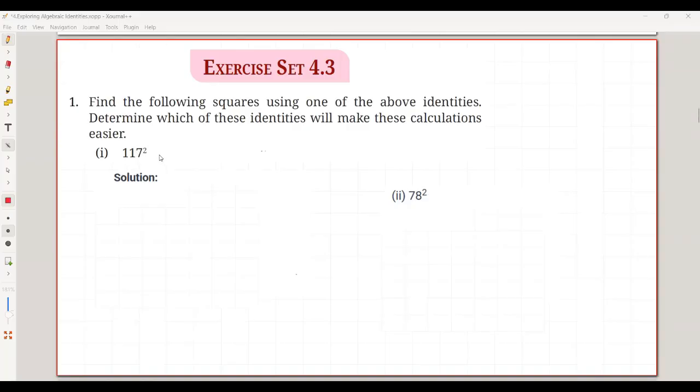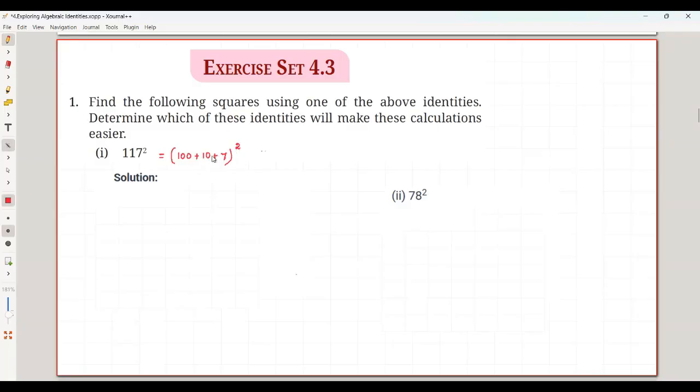Now 117, we can write it in two possible ways, right? 117 we can write as (100 + 10 + 7) whole square. This is also possible. If you write it this way, you have to use a plus b plus c the whole square, the third identity.